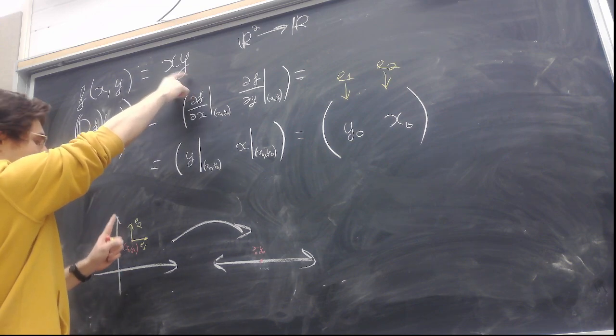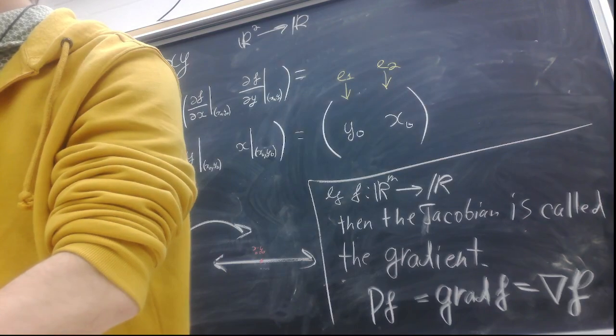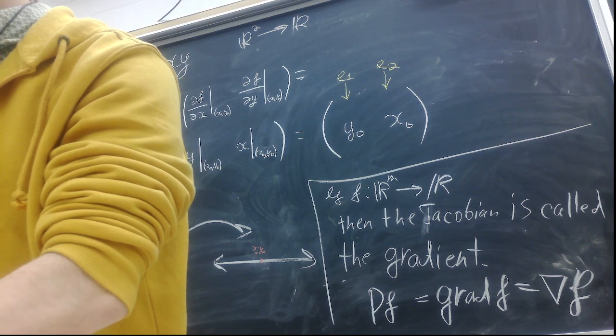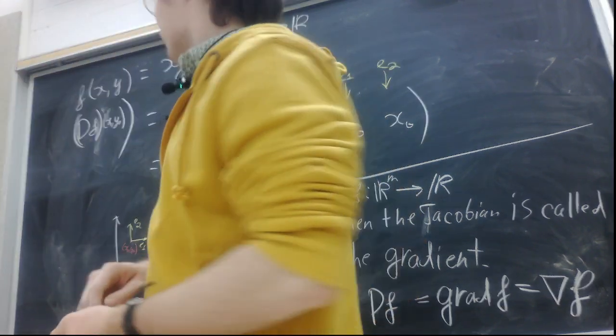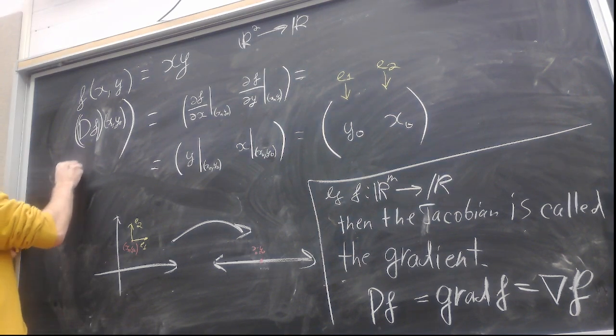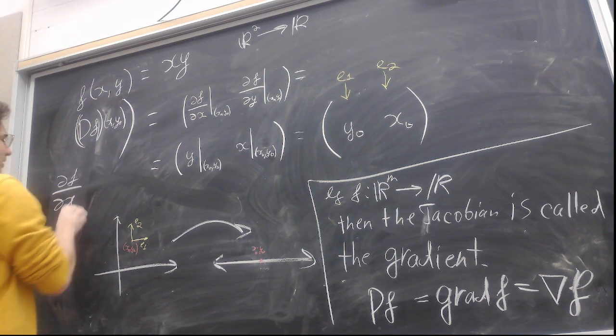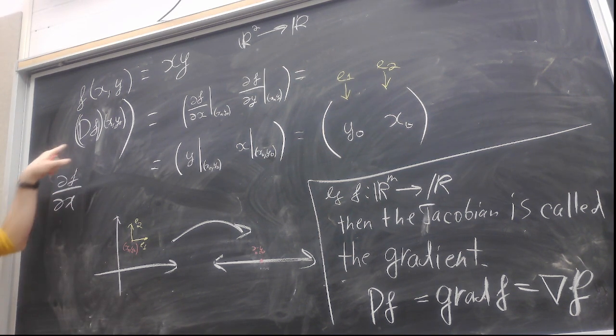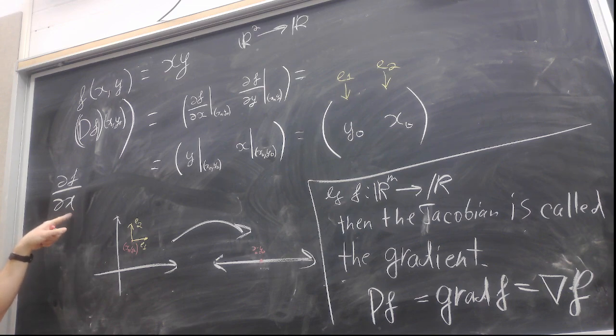Now, of course, you will see all sorts of notations. Sometimes instead of df, people literally write just this to mean the whole matrix. Sometimes people write this without specifying which xi they're differentiating with respect to. That means they're differentiating with respect to all of them, so it has to be the matrix.